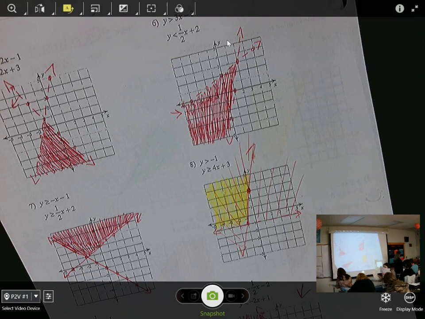Use your notes, use your other assignments. It's really helpful if you have your notes out, because it gives you the steps to follow along.